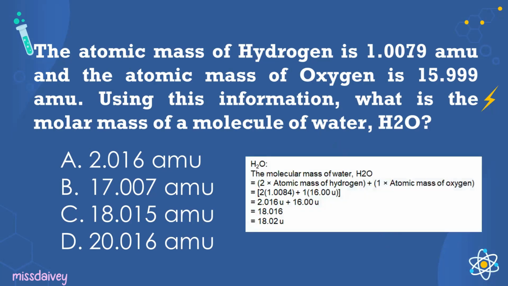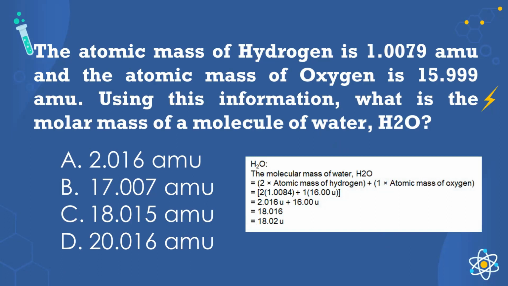So the molecular mass of water H2O is 2 times the atomic mass of hydrogen plus 1 times the atomic mass of oxygen. The atomic mass of hydrogen is 1.008, so we multiply that by 2 and then add it to 1 atom of oxygen times its atomic mass, which is 16.00.